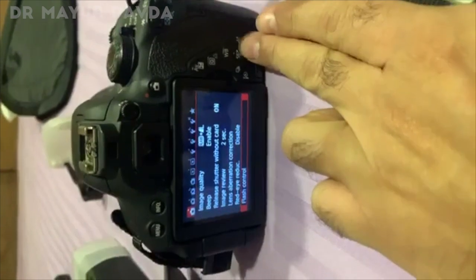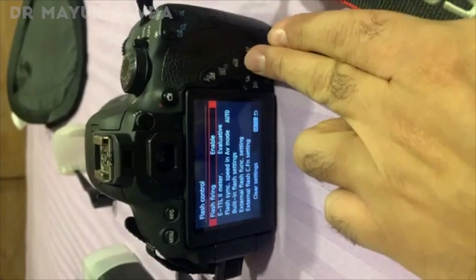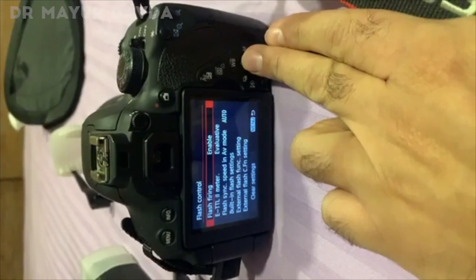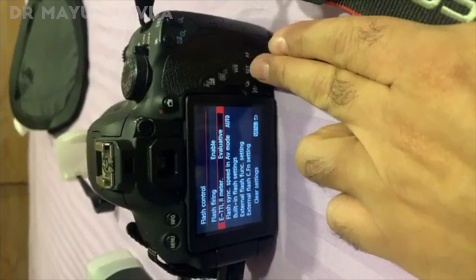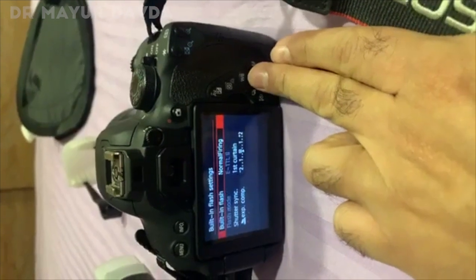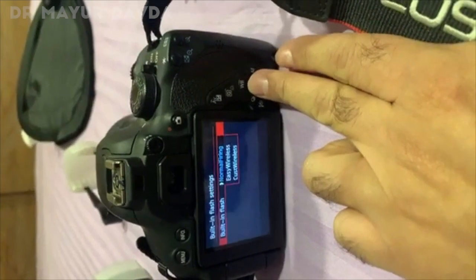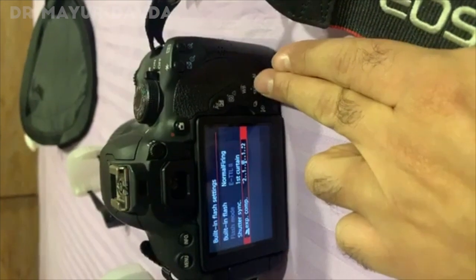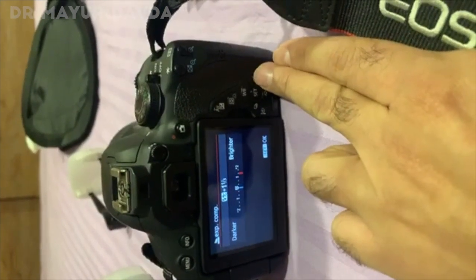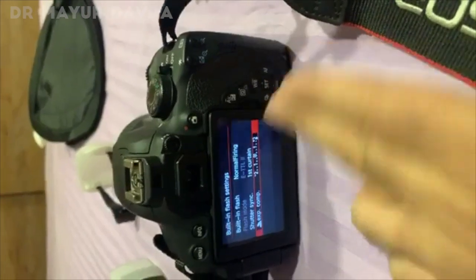So you have something called flash control. In that you have flash firing. You have to enable the flash firing. You just have to keep it on normal flash firing, and then exposure compensation in Canon you can put at +2. That will be the maximum power.